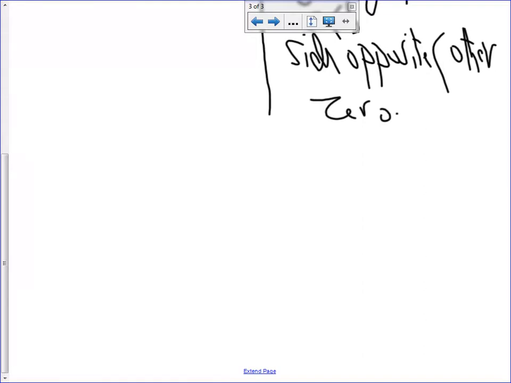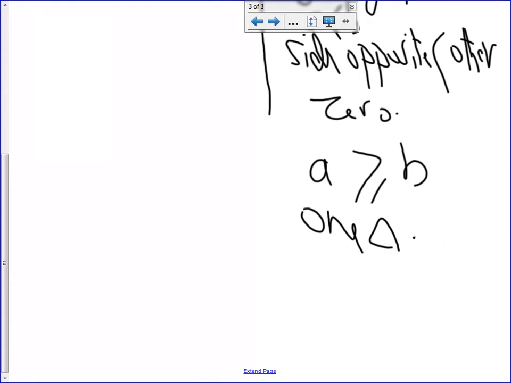But if the side opposite to the angle is greater than or equal to B, we can draw one triangle only. Why? Because in the first case, if I have this angle A and the side opposite to it, I can complete the triangle.